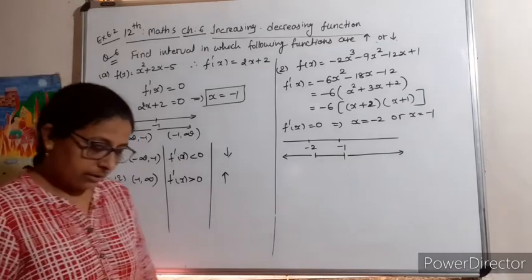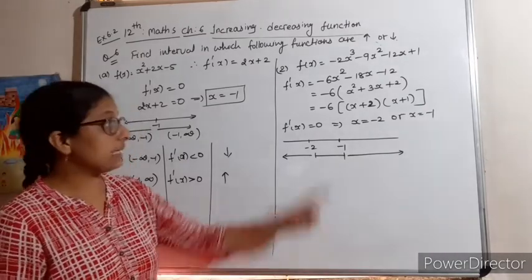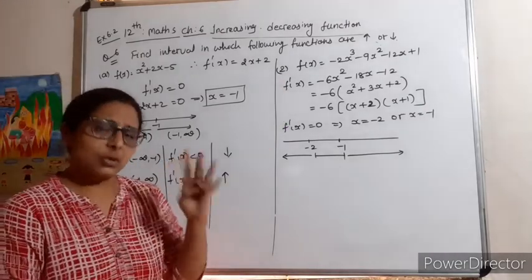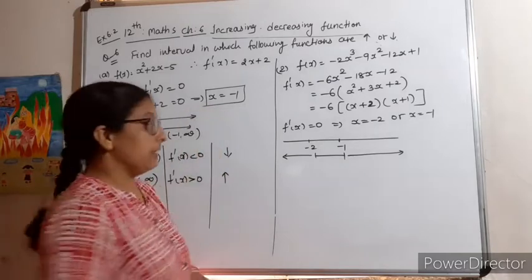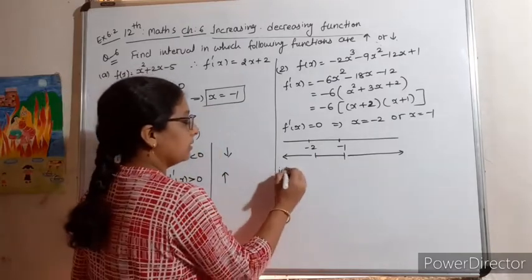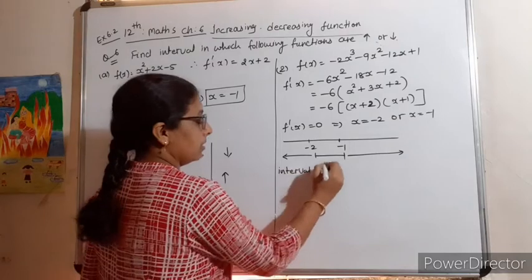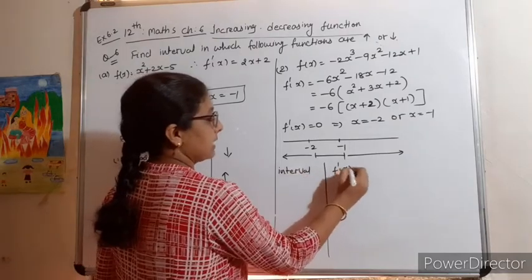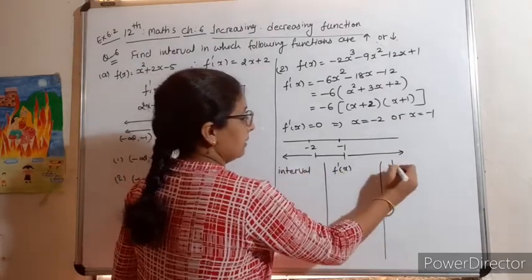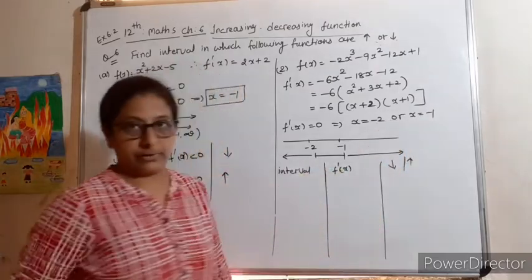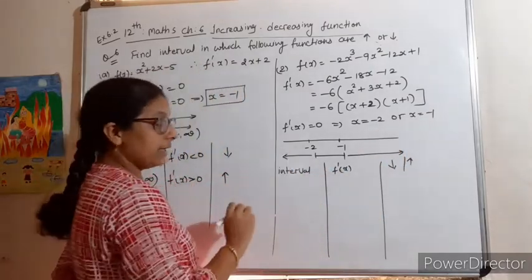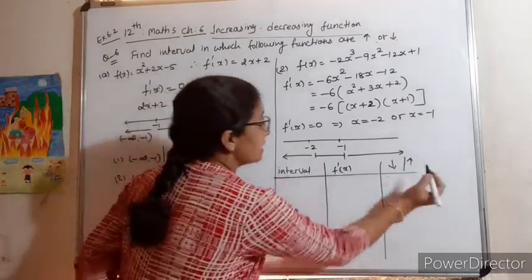Okay, we have done this, the third one, earlier. It's okay. The second we will do later. Now the intervals. Here is f dash x, here decreasing or increasing. First interval, you can tell me what is the first interval here?